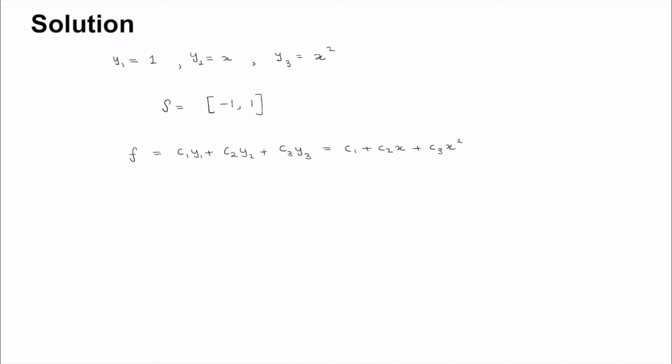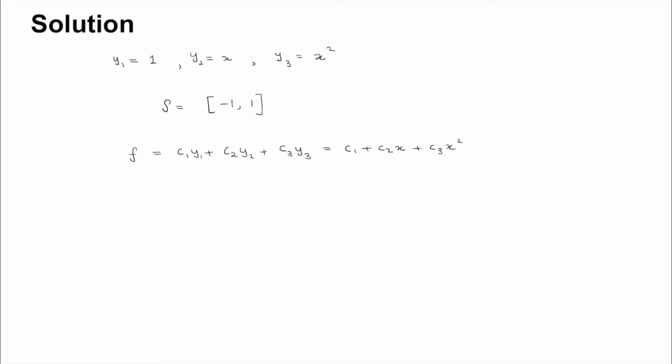I will set up my 3 functions y1, y2 and y3 and my set S as so. Why have I chosen this as a set S? I'm going to prove that all 3 of them are linearly independent in this set. And so the set -1, 0 and the set 0, 1, which are subsets of this set, they will be linearly independent on them too.